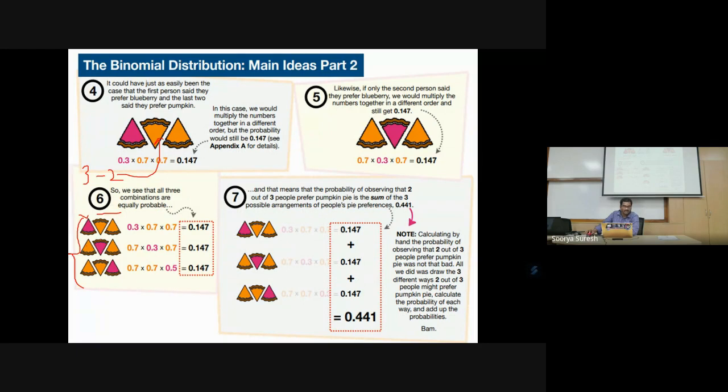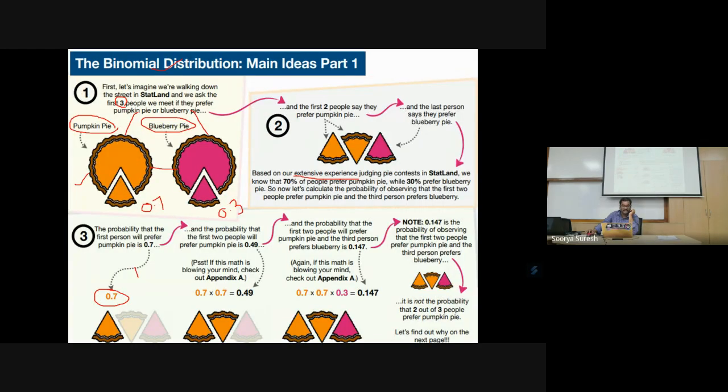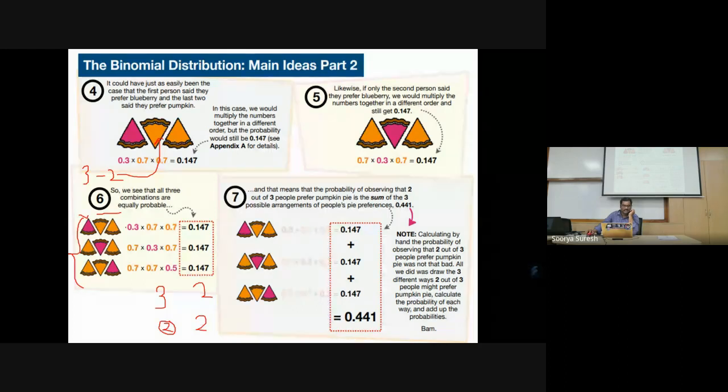Is there any other combination left? 2 out of 3: total 3 people, 2 classes, 2 people selecting pumpkin out of 3. This is one case, this is another case, and this is another case. If I add all these 3, what is the probability?